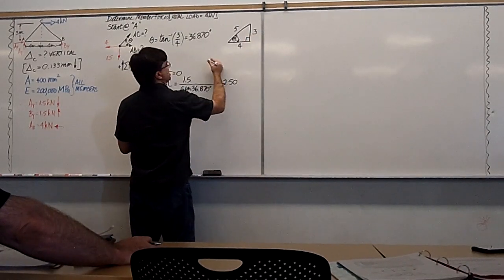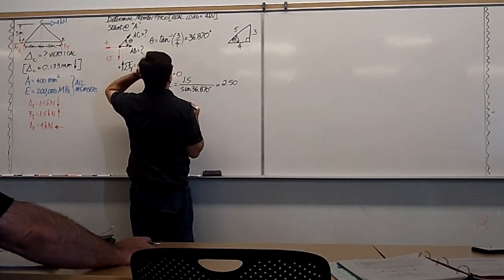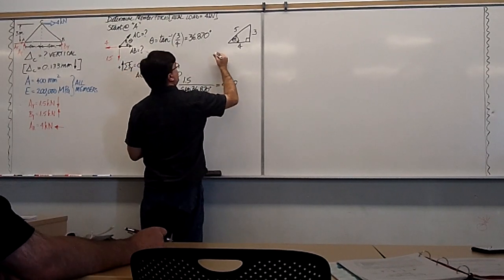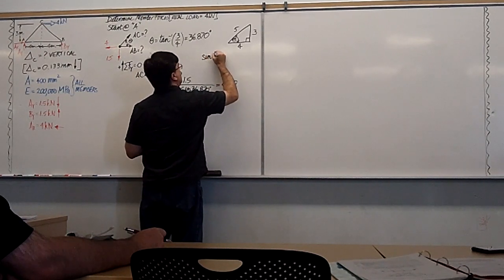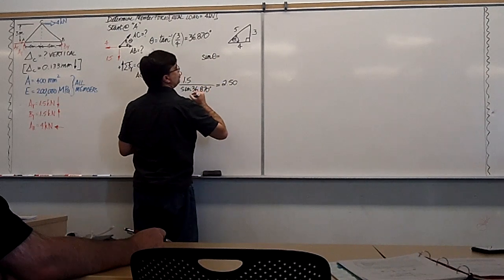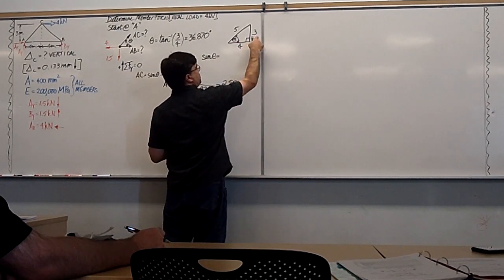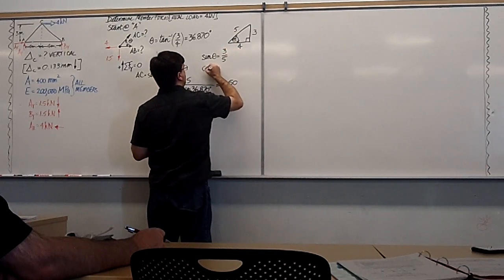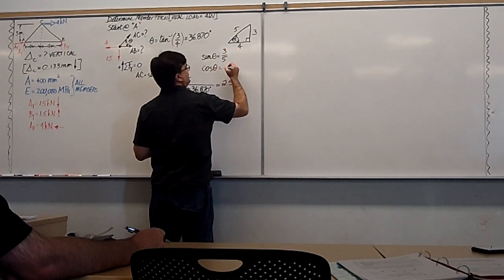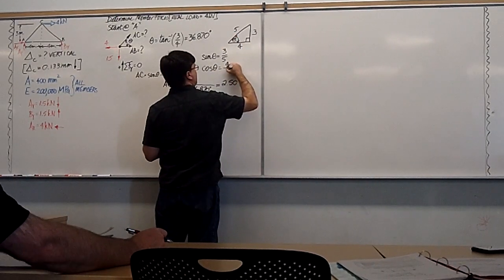Now, let's try this. I'm going to write my SOHCAHTOA. So, sine of the angle equals... You remember what SOH is? Opposite over hypotenuse. 3 divided by 5, right? Do you remember what CAH is? Adjacent over hypotenuse. So it's 4 divided by 5, right? Yeah.